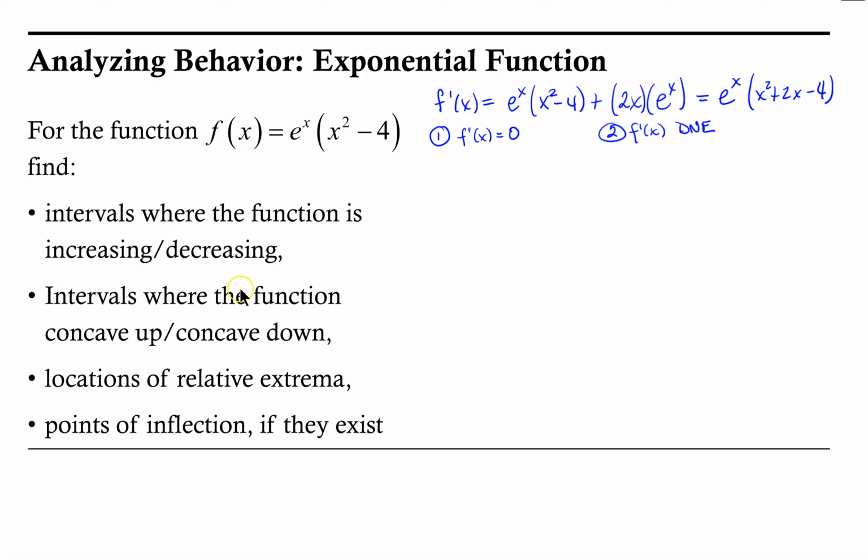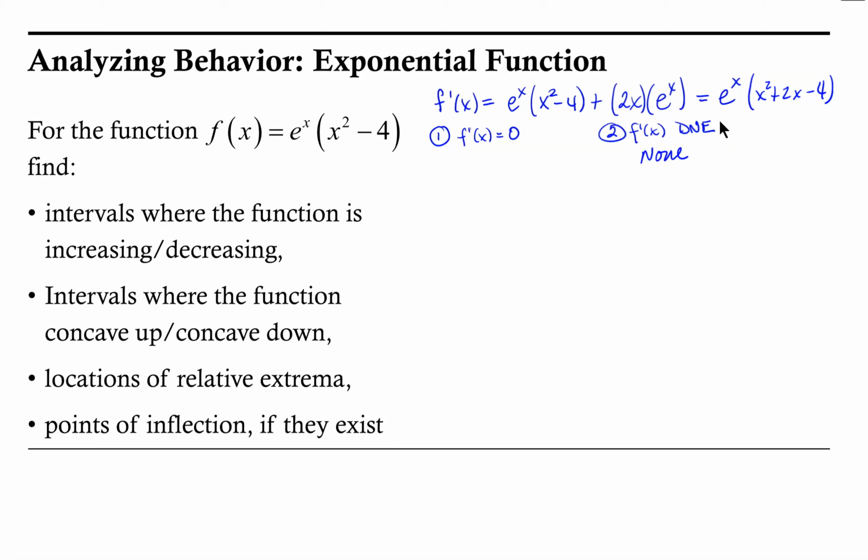Now, looking at our function here, we have the product of an exponential, which is defined over all real numbers, and a polynomial. So there are no values of x for which this derivative does not exist. So we can say that there are no critical points from considering that case.